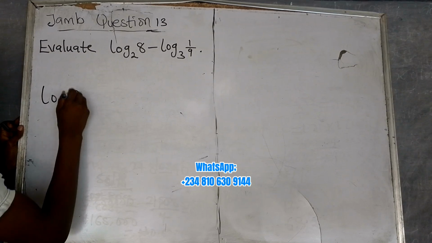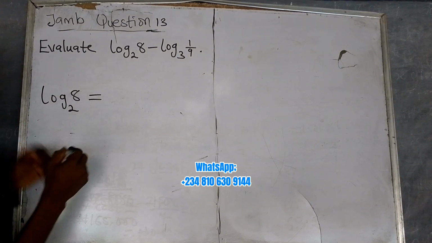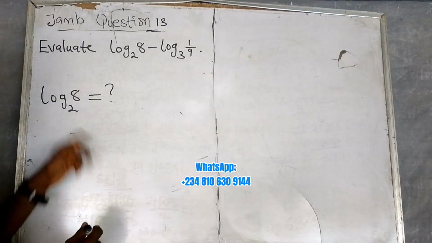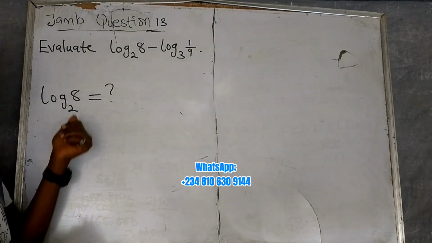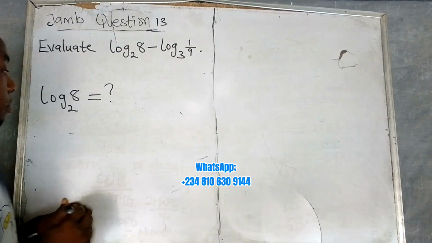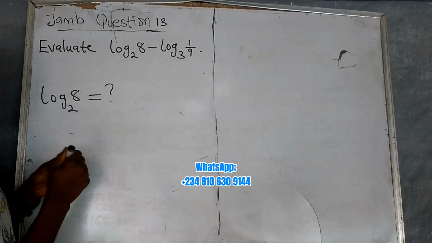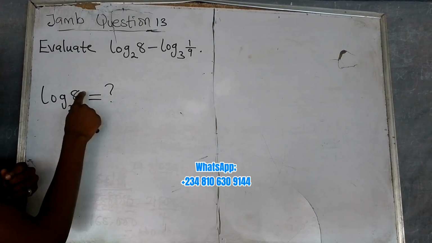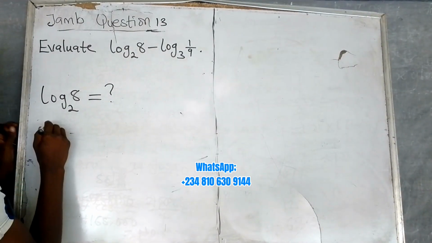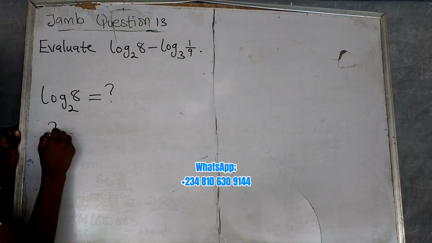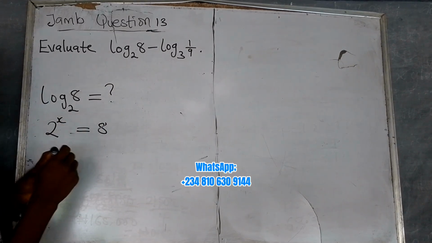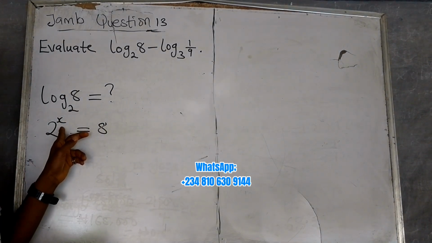So the first one, log₈ base 2, is equal to an unknown because we don't know what it is equal to. Remember that when you have a log and its base, the base will be raised to the power of the unknown, which we say here is x, and it will be equal to 8.